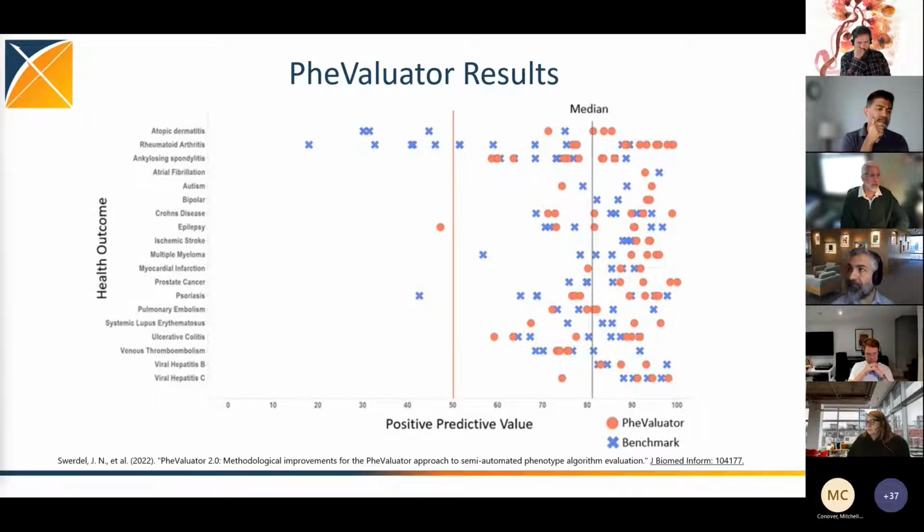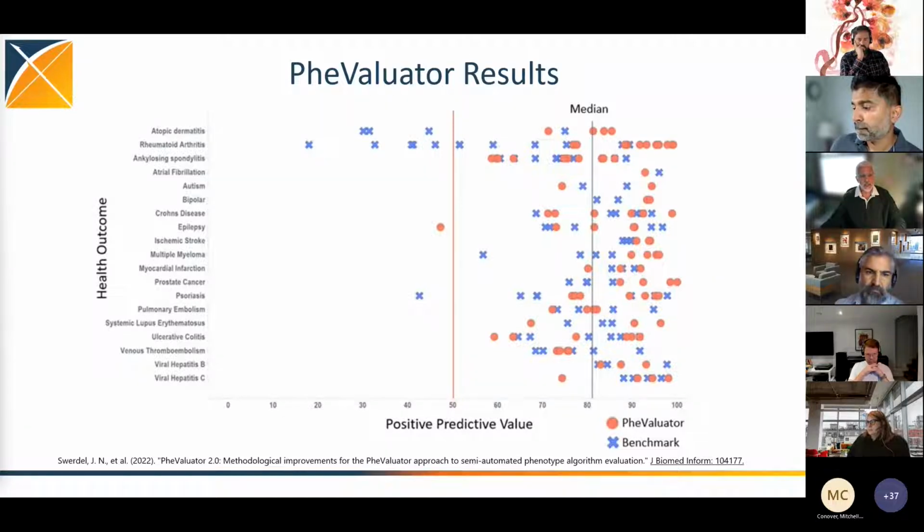Benchmark were the clinical validation studies that we used to compare PheValuator to. And the red dots are PheValuator. We see good overlap between the blue X's and the red dots, meaning that there was relatively good concordance between what we see in PheValuator and what we see in the phenotype benchmark.